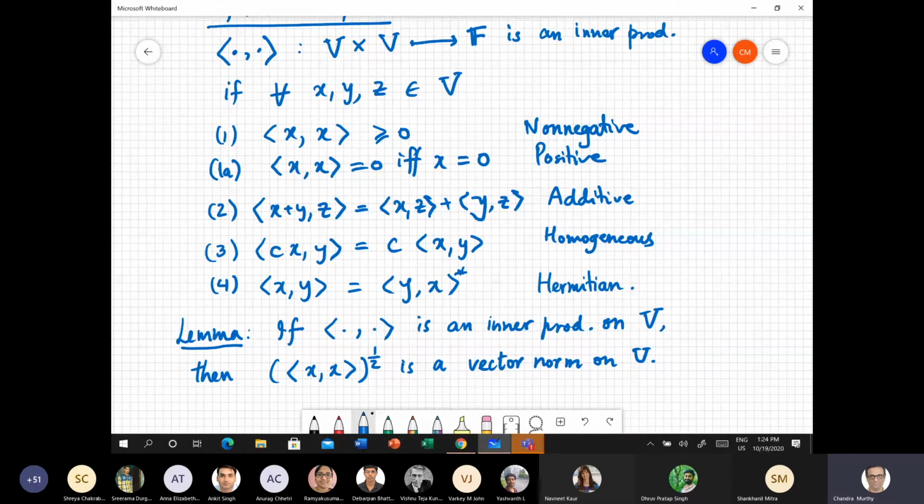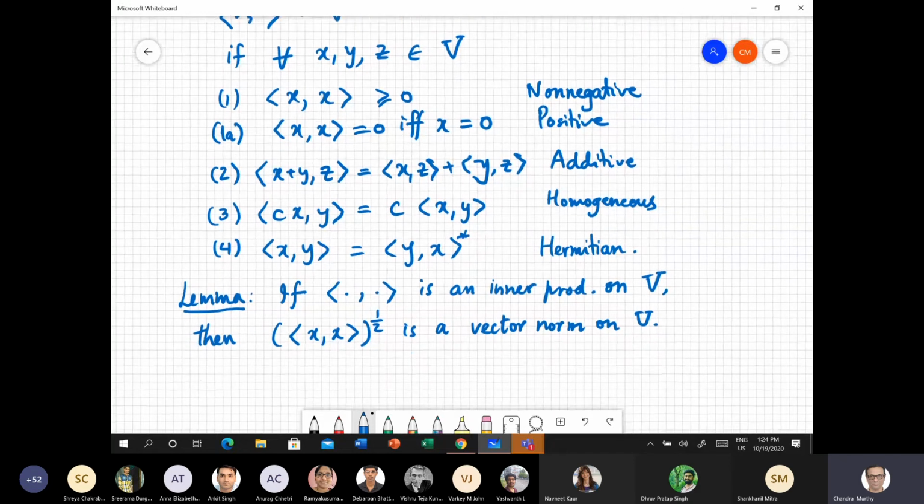So this means that if I define this to be a vector norm where the inner product has these four properties, then I can show that this notion of a vector norm satisfies the four properties I need in order to define a vector norm, and therefore it is a valid vector norm. I won't prove this here, so I'll leave it for you to look up in the text, but it's a straightforward proof.